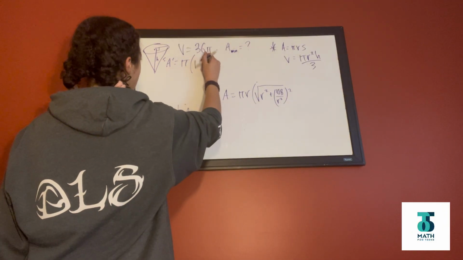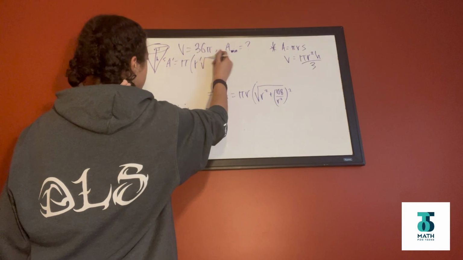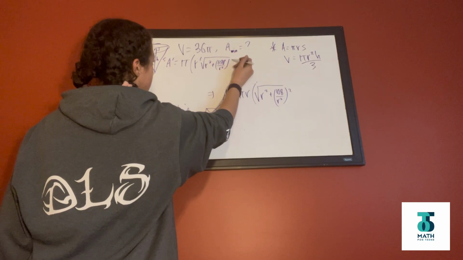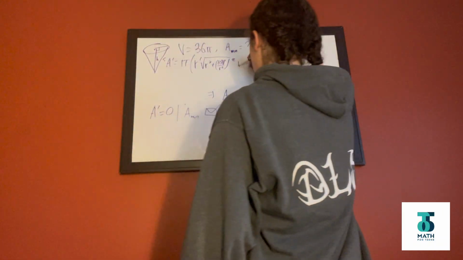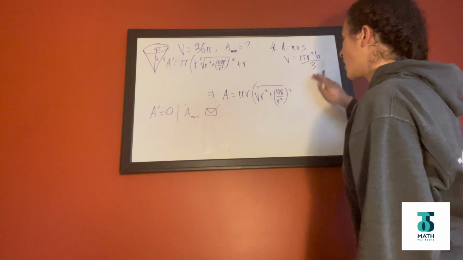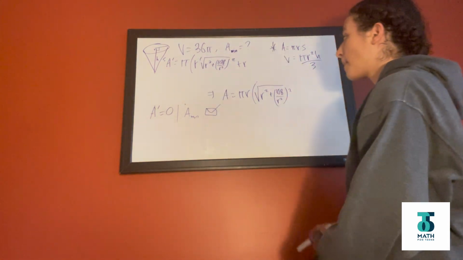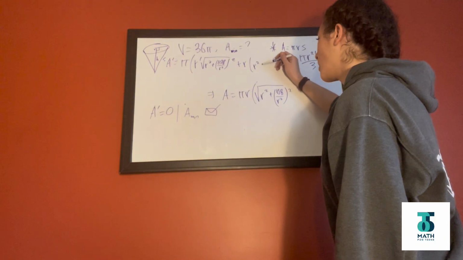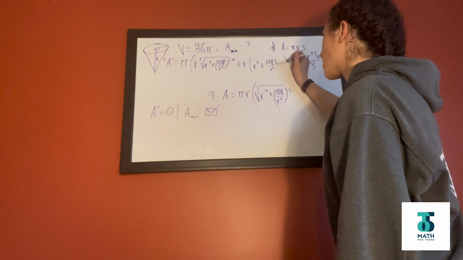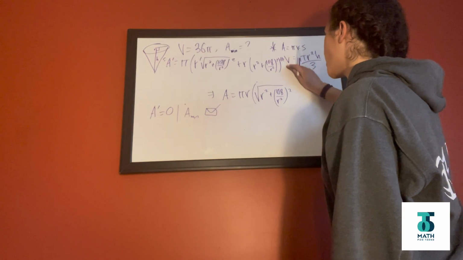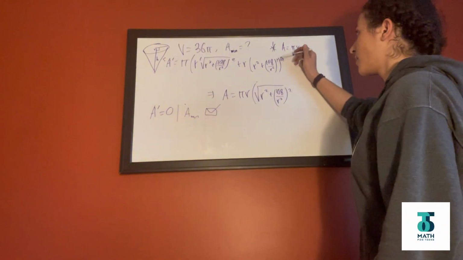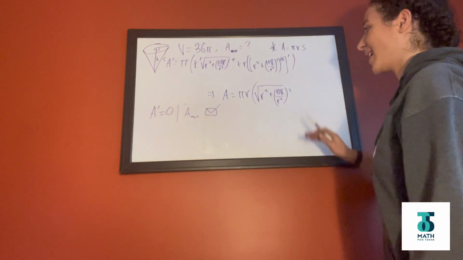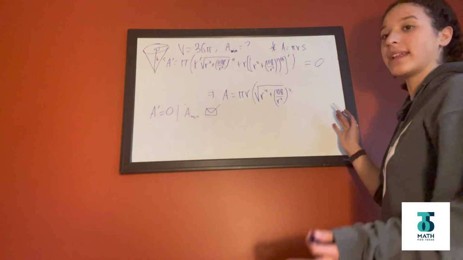So we'll have r prime times the square root of r squared plus 108 over r squared, plus r times, and of course you can write a square root as something to the power of a half, so r squared plus 108 over r squared to the power of 1 over 2, and of course, doing the derivative of this, prime. Okay, and we'll set this to 0 at the end.